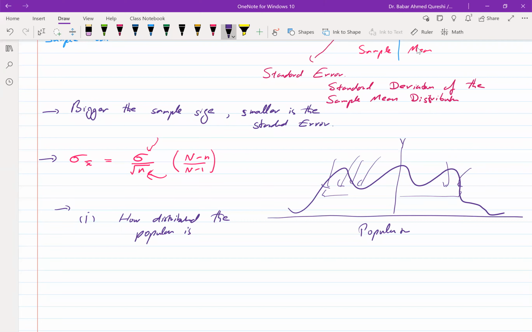Then the mean you construct will be more different from the true mean of the population. Similarly, if you pick more, then you have more chances that you will pick from both sides. And the more you pick, the more correctly you approximate the mean of the population. So, how distributed is the population and how big a sample you are using?